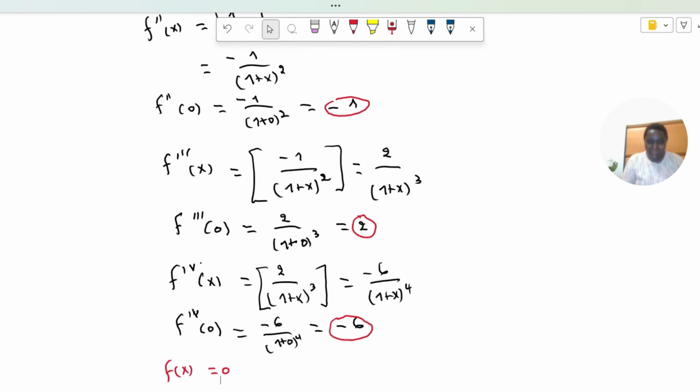The first one was 1, then plus x, and the next one was minus 1, minus x squared over 2 factorial, which is 2, and the next one was 2, then plus 2 times x power 3 over 3 factorial, and the next is minus 6 times x power 4 over 4 factorial.